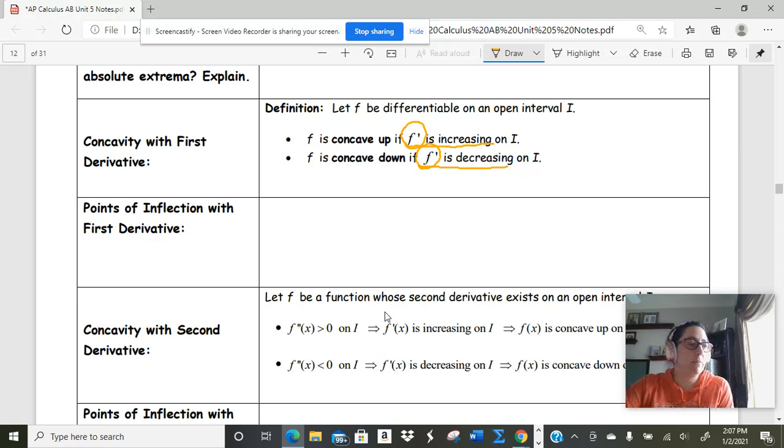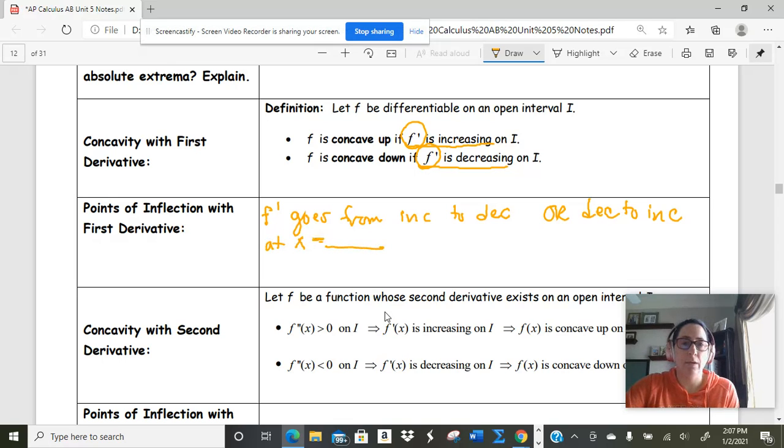So if I wanted to talk about points of inflection with the first derivative, then I would say where f prime goes from increasing to decreasing or decreasing to increasing at whatever values, and that's what gives me a point of inflection on the original.